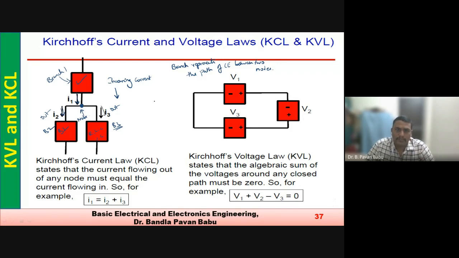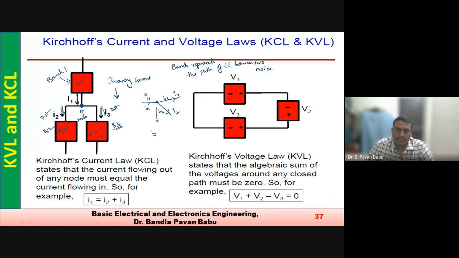So for this particular node, I1 is the incoming, and there are two other branches. This is B1, this is B2, and this is B3, with currents I2 and I3. If I want to apply KCL, as per KCL incoming currents is equal to outgoing currents.